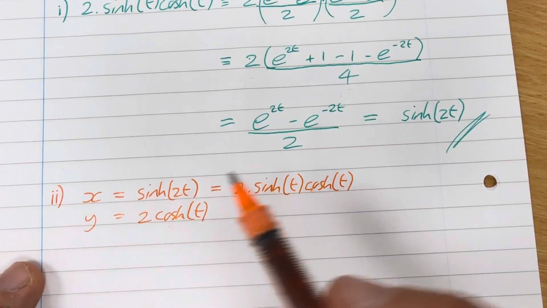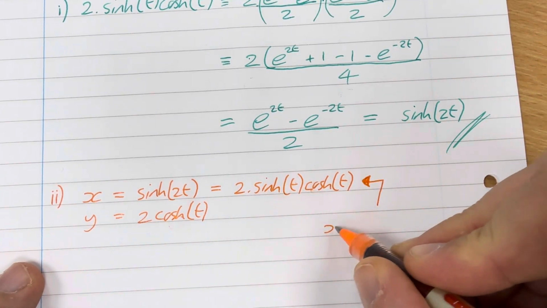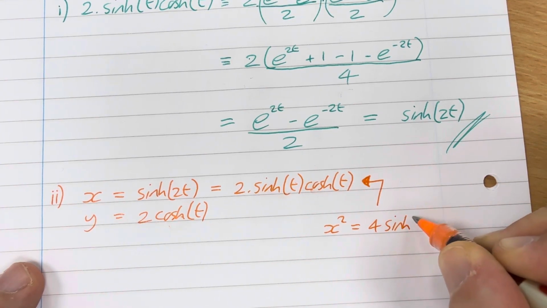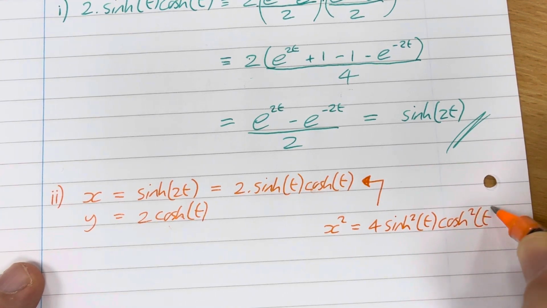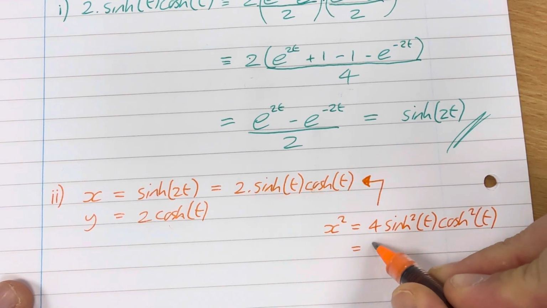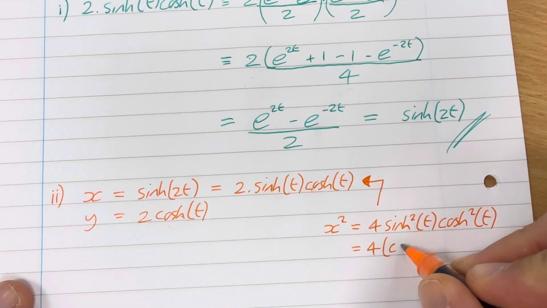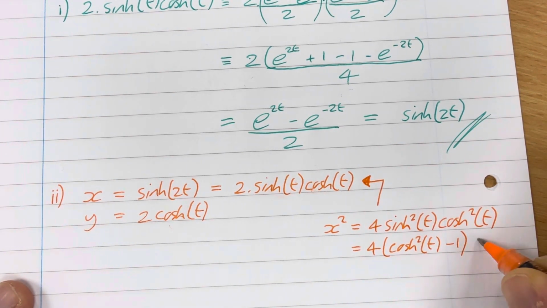But what I'm going to do is take this and square it to give me x squared equals 4 sinh squared t cosh squared t. And then I can use an identity here, which is in the formula booklet, which is cosh squared minus sinh squared is 1. So that means that sinh squared is exactly the same as cosh squared minus 1. And then I've got my cosh squared.